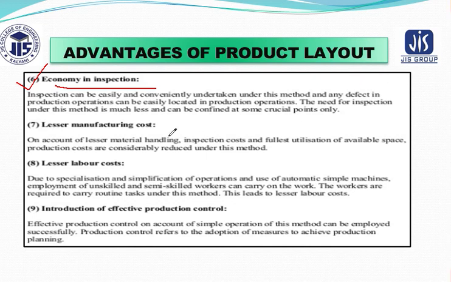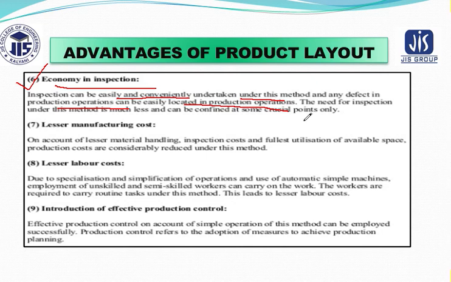So what I was talking about, the inspection is economical because inspection is very easy and conveniently undertaken under this method, and defects can be easily located in the production operation itself.